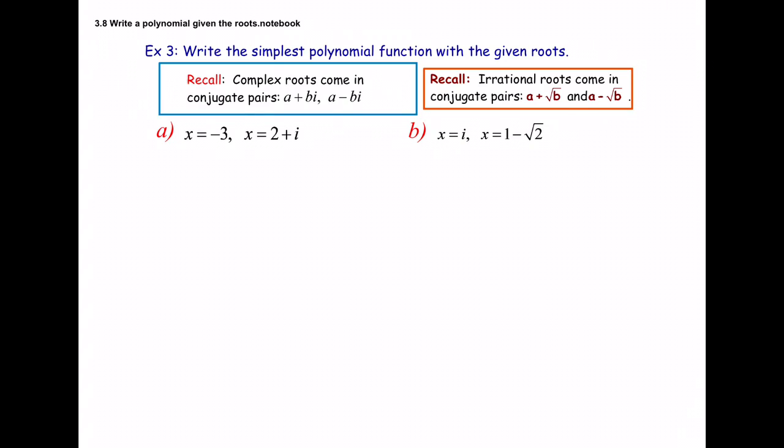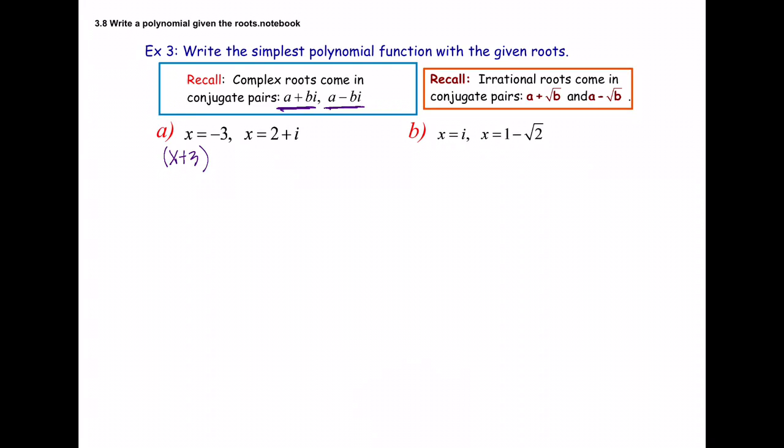Example number 3, write the simplest polynomial function with the given roots. So please recall, when we have complex roots, they also come in conjugate pairs. So if we have a plus bi, we have to have an a minus bi. So in example 3, we have x equals negative 3, which we can write as a factor x plus 3.